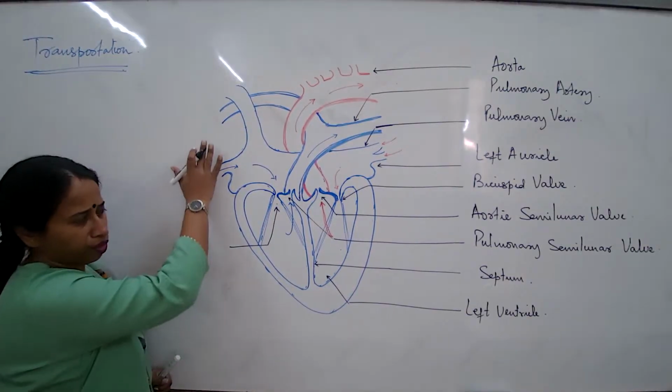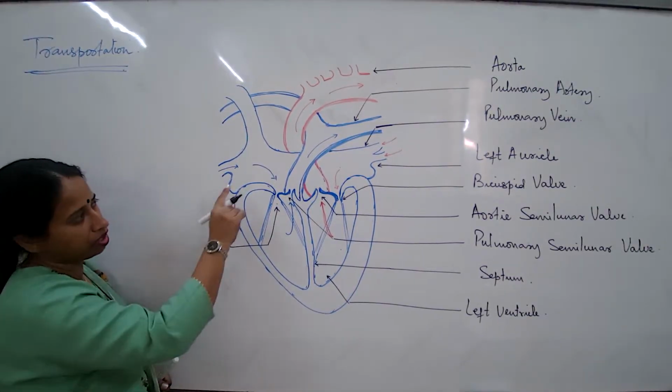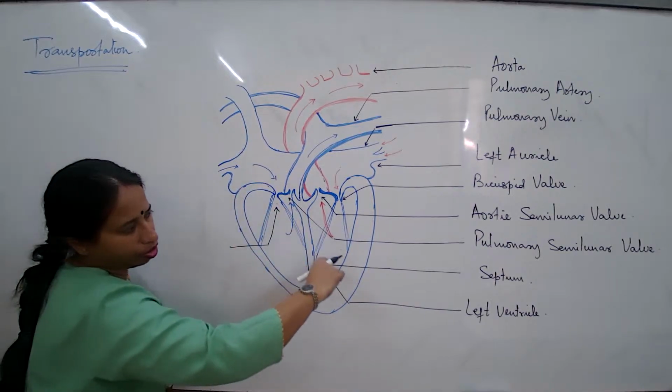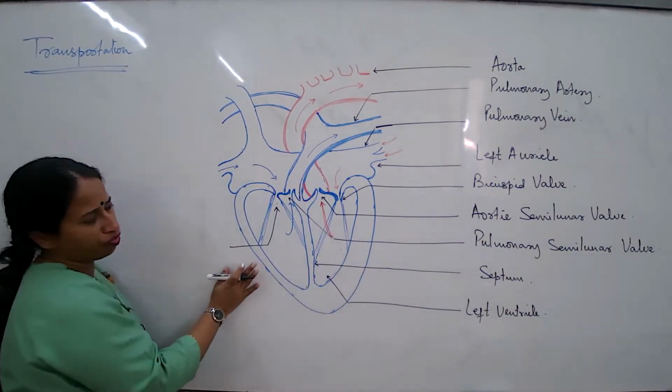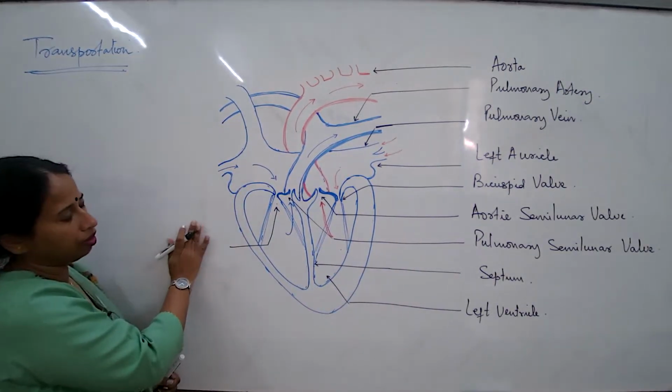Try labeling few parts only on the left side. Now see this chamber, you should not cut across and label that side. So few only try labeling on the left side.